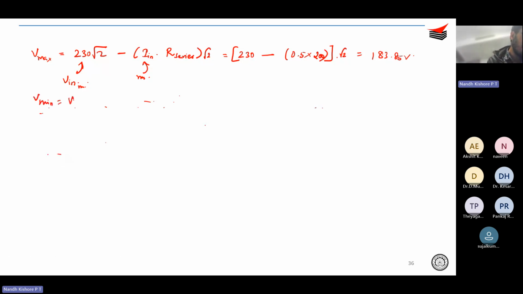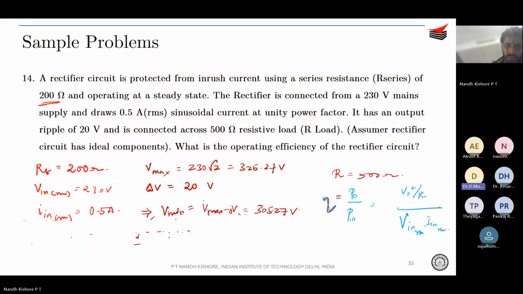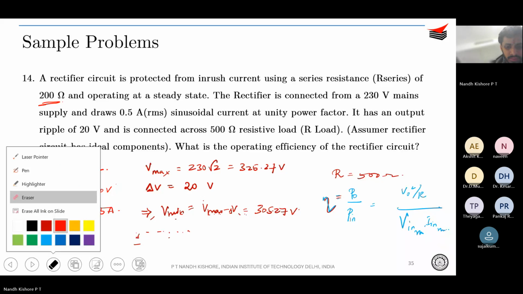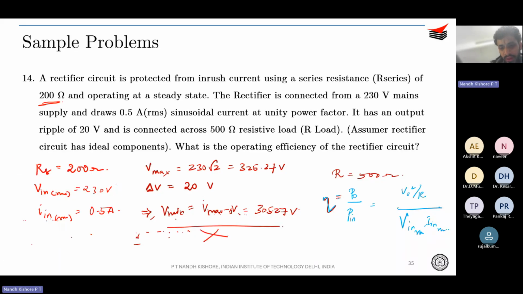Your Vmin will be Vmax minus delta V, which is equal to 20 volts. Obviously this is not exactly true, so this needs to be updated, including the RS resistance, correct?